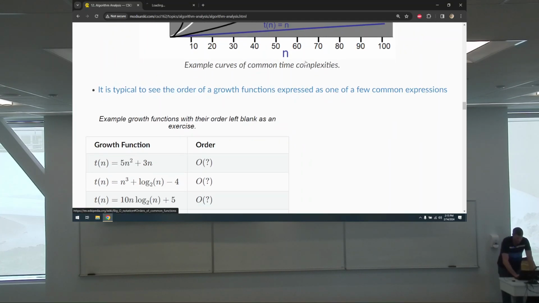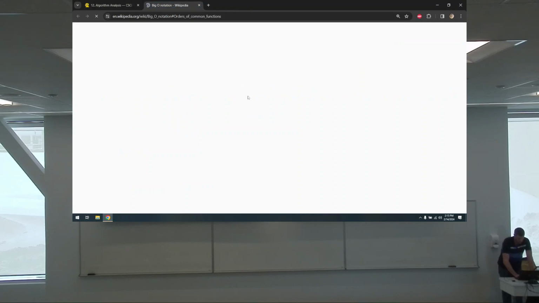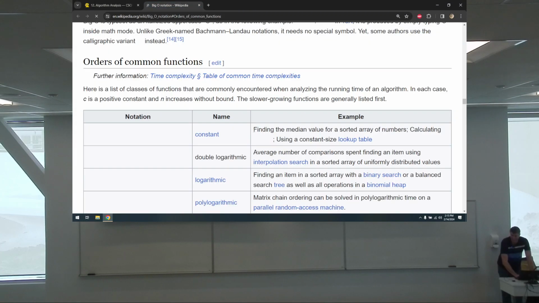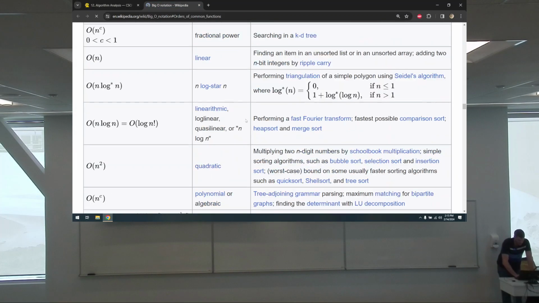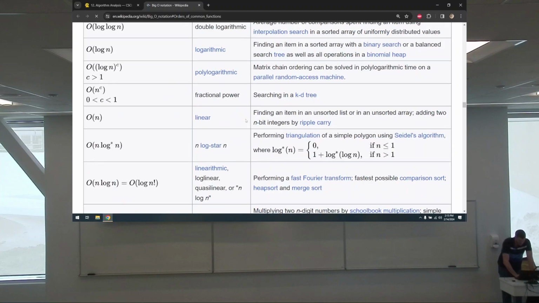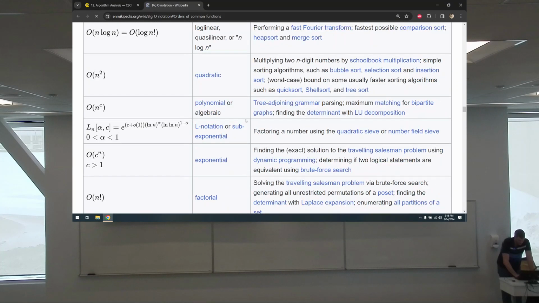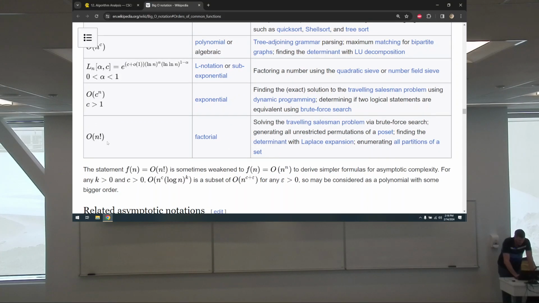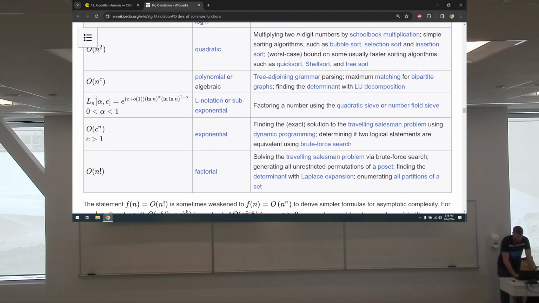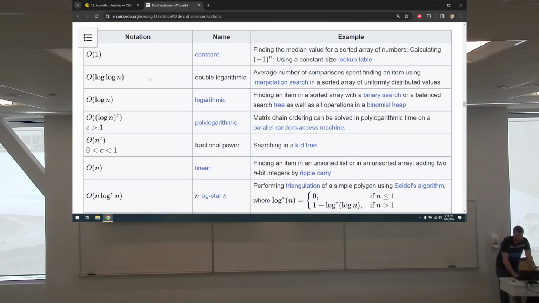Here's a list from the Wikipedia article on big O notation, and in here you'll see the common ones. It's not a long list. Look what's the worst. N factorial. C to the n, that would be 2 to the n, where c is some constant. These are your typical ones.